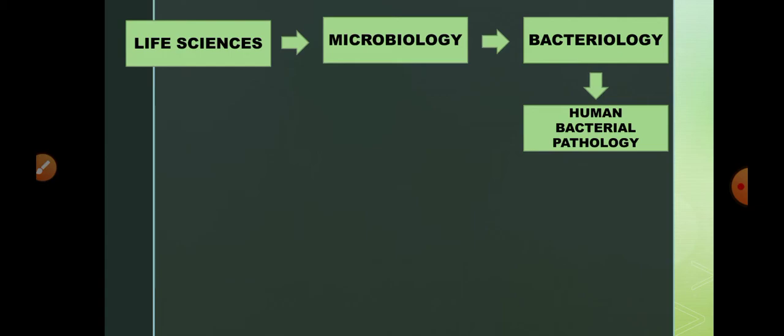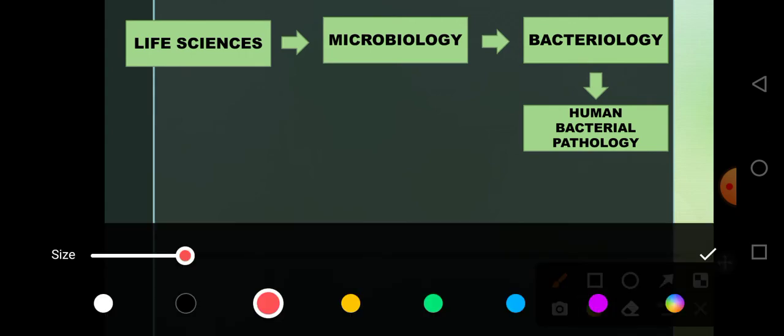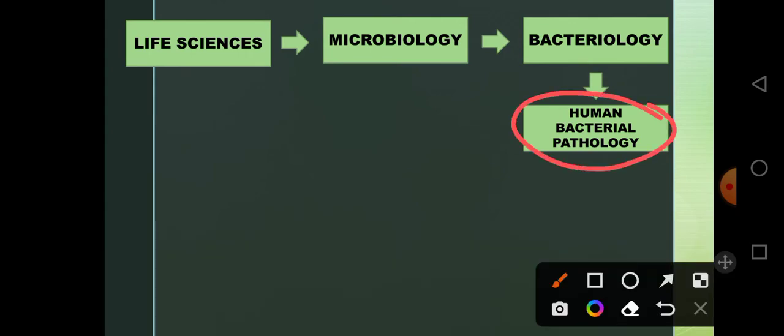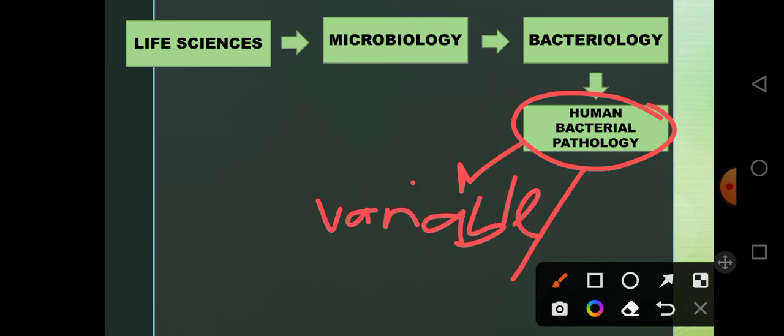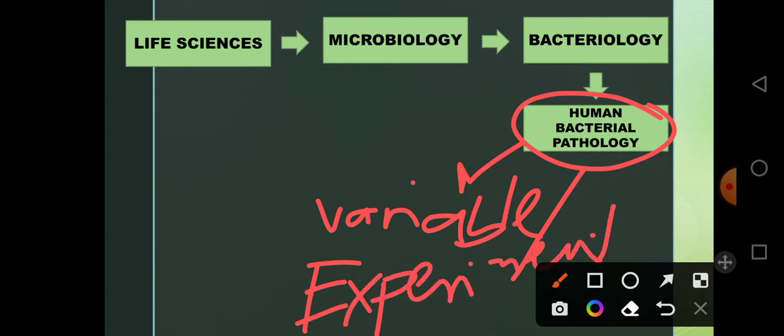Okay? And from this dissection of such topics, now you would want to identify a certain, let's say, variable, or experimental unit for you to choose, or let's say for you to utilize in your study.